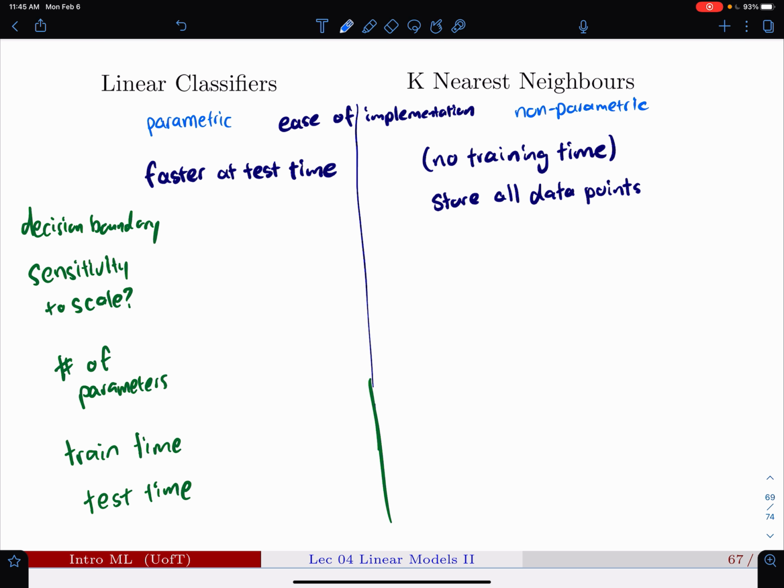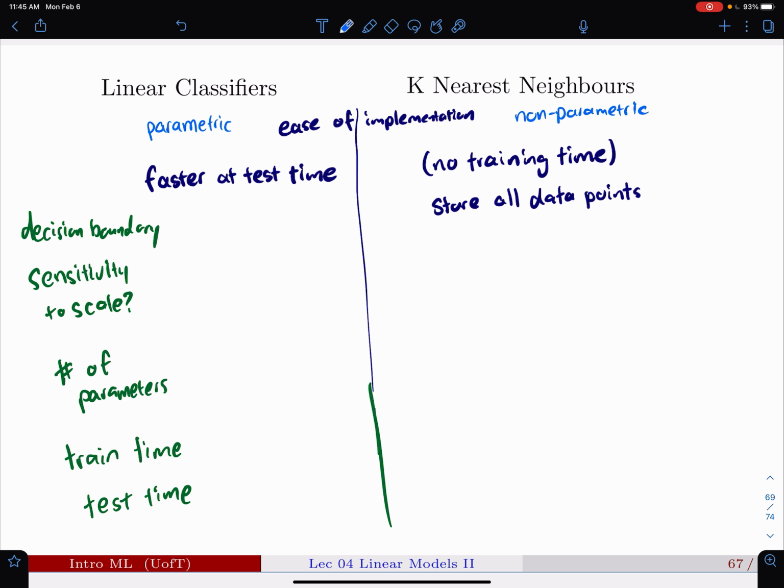Okay, cool. So for decision boundaries, what can we say about the decision boundaries of linear classifiers versus k-nearest neighbors? Linear classifiers have simpler decision boundaries. They're generally simpler, they're going to be linear, right?